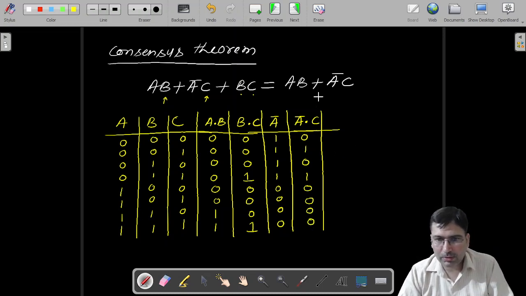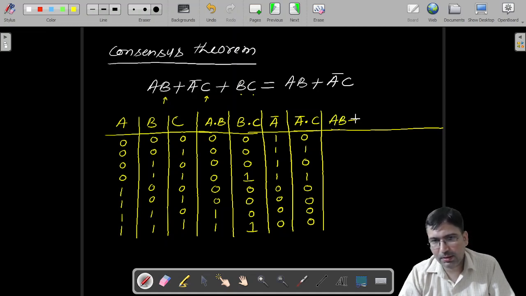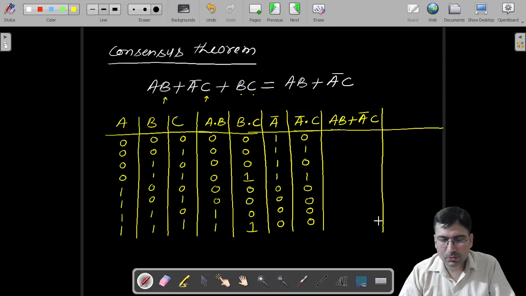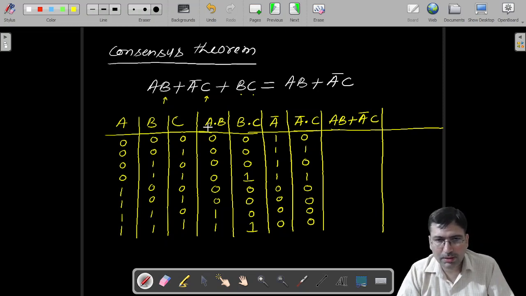Now if you want to calculate the value of AB plus A bar C, AB is here and A bar C is here. We are doing OR operation, so at first place both are 0. It is 0 only.